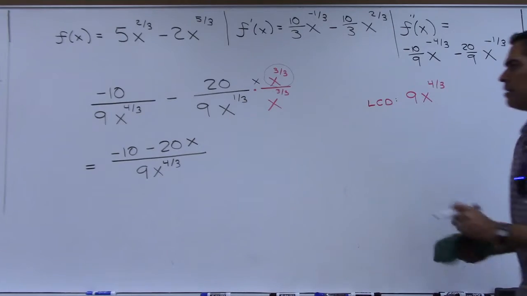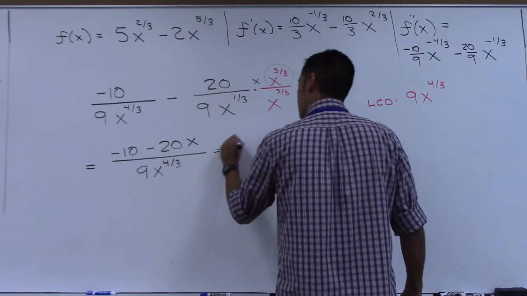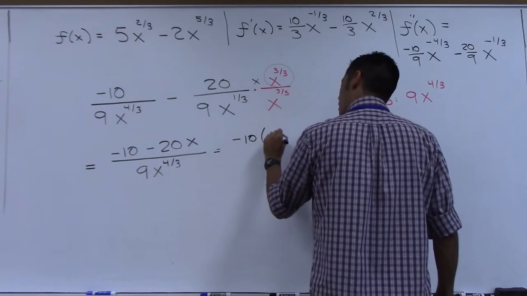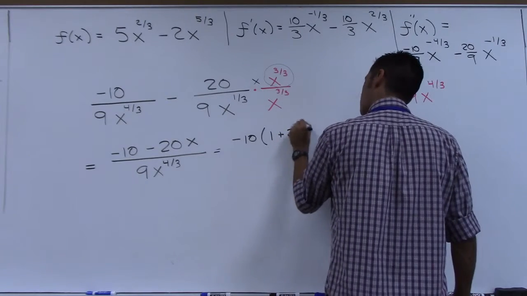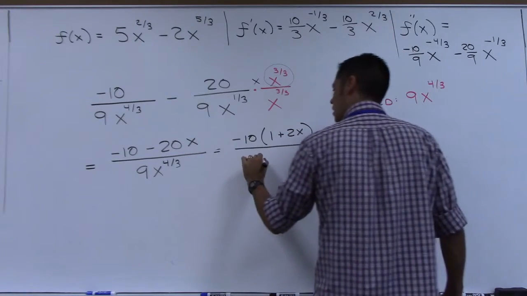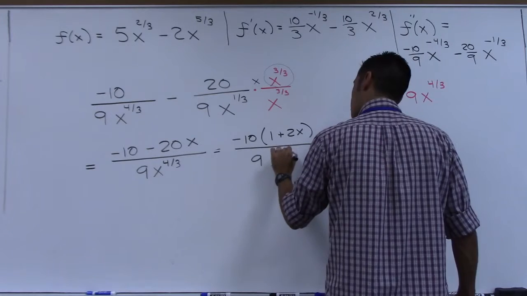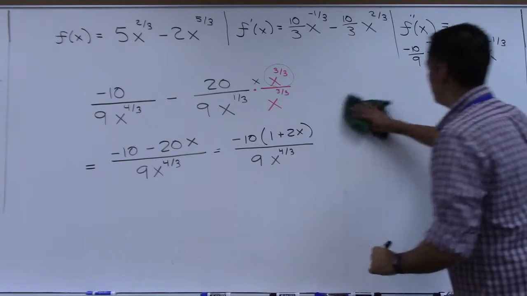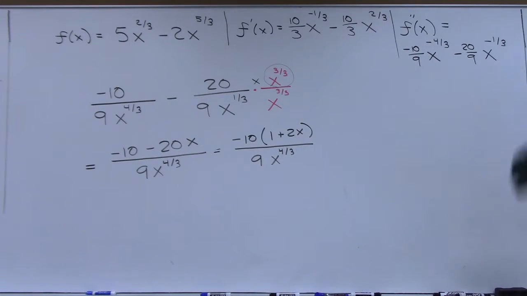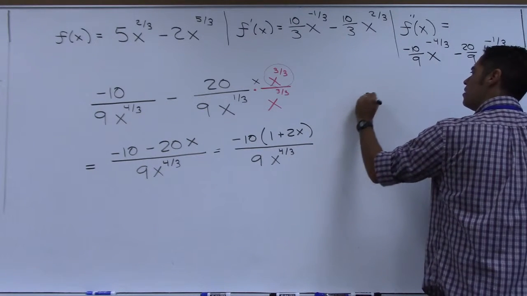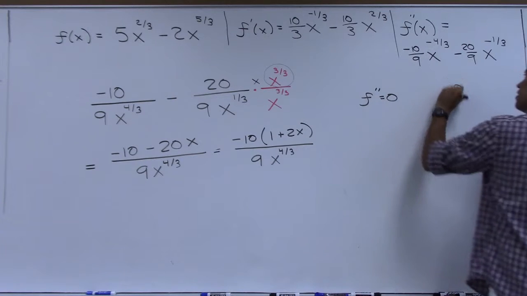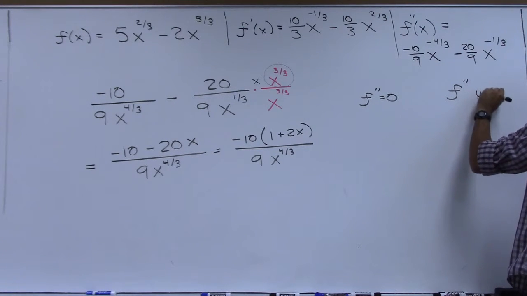You could factor, yeah, you want to do that? I can do that right now. Take a -10 out, and then 1 plus 2x over 9x to the 4/3. All right, what are we supposed to do with that? Set it to 0, figure out where it's undefined. So where's the second derivative equal to 0, and where's the second derivative undefined?